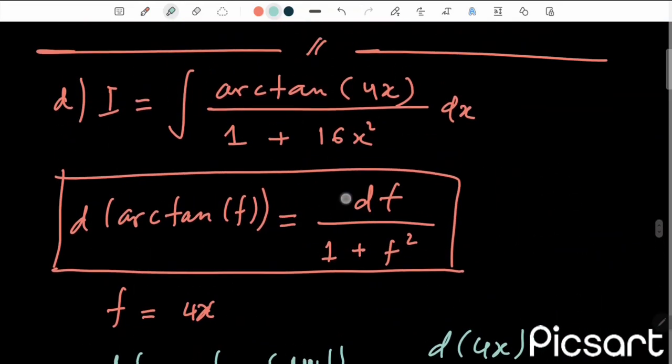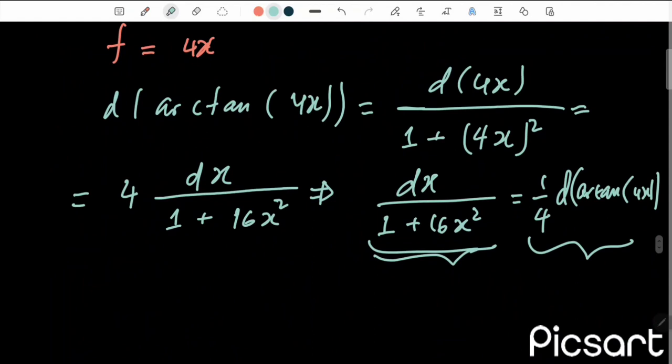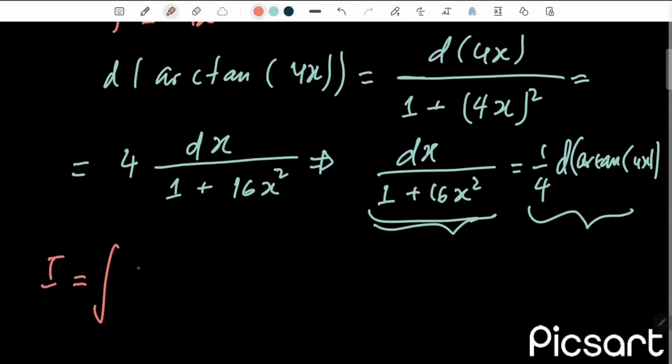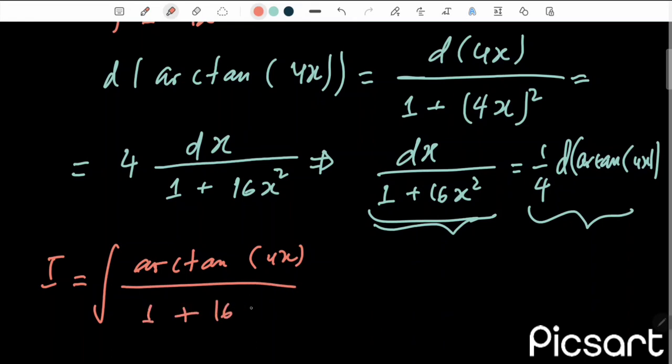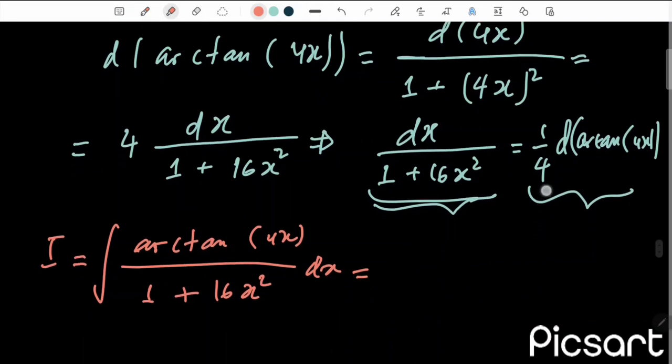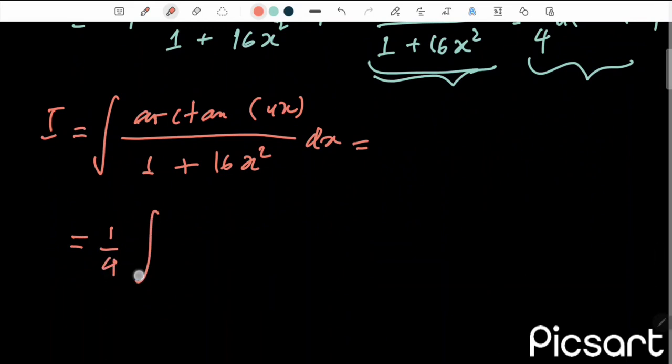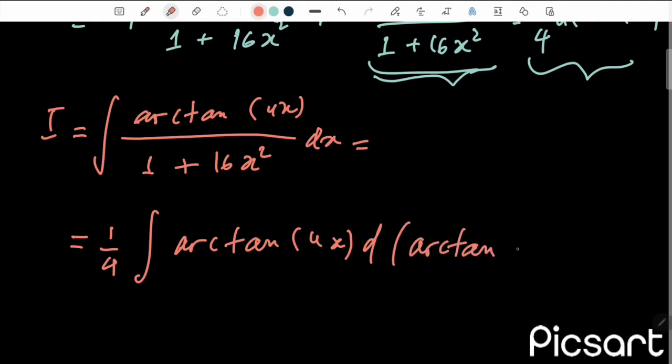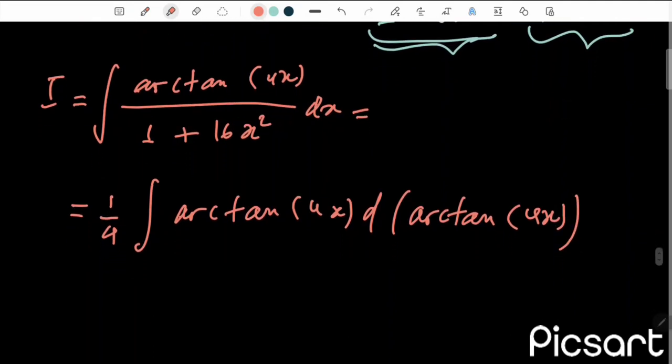So I, which is equal to the integral of arctan of 4x over 1 plus 16x squared dx, we can rewrite as 1 over 4 integral of arctan of 4x times d of arctan of 4x.